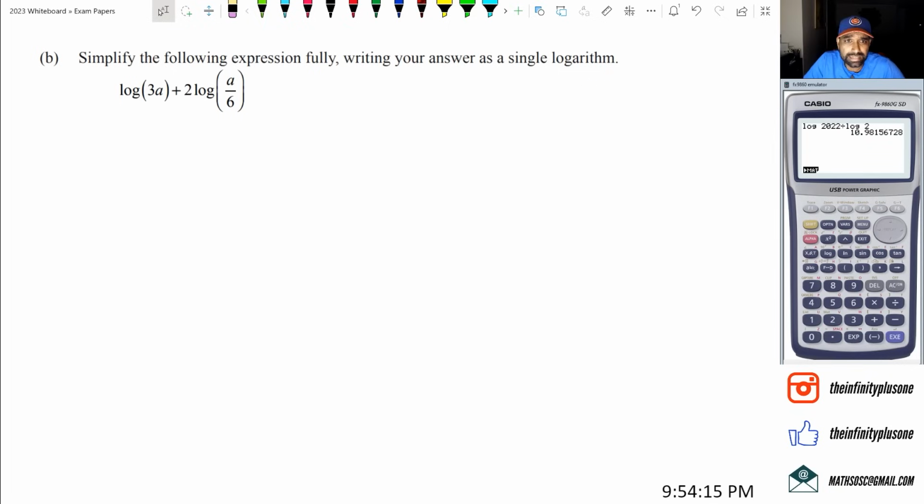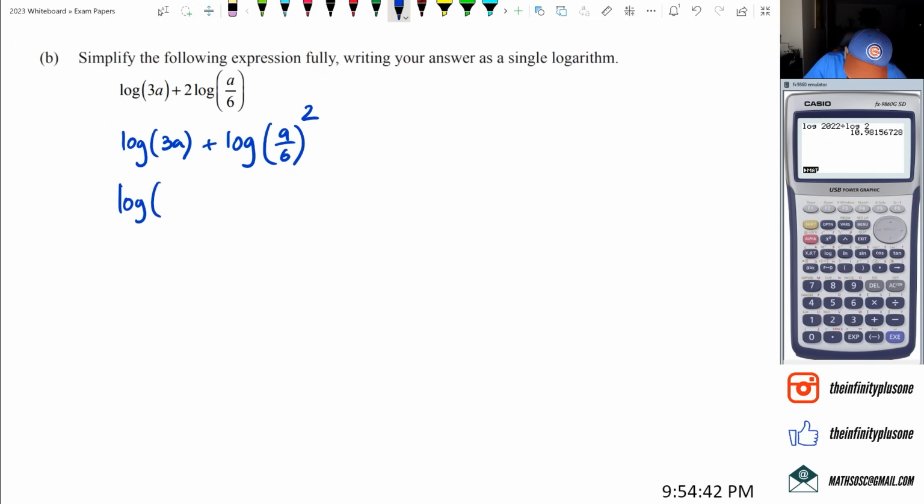So the next question is write it as a single log. What we're going to do is get rid of the 2 first. So we're going to rewrite this as log of 3a plus log of a over 6 squared. And then we could write this as, what do we do? 3a, 36, 12, yeah.